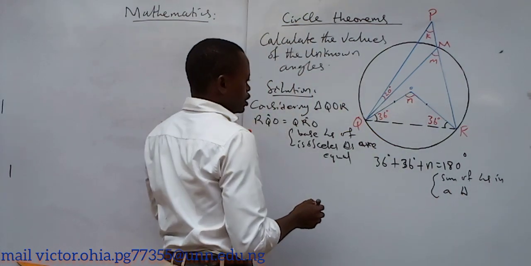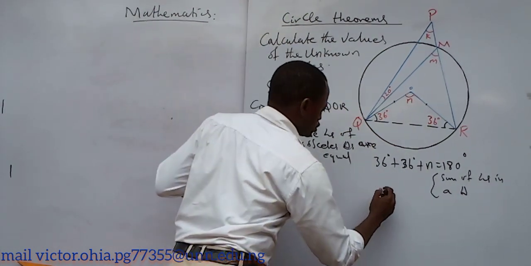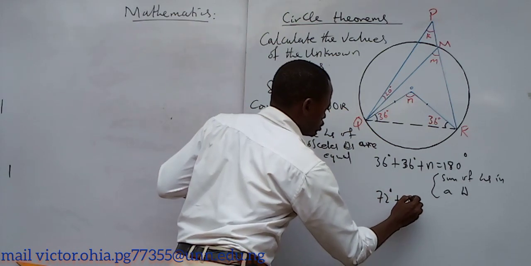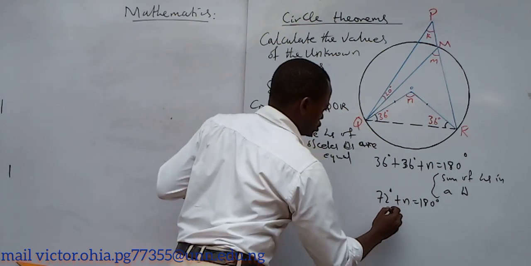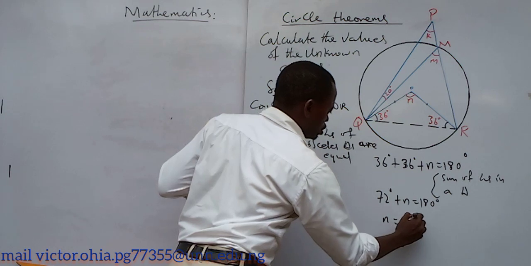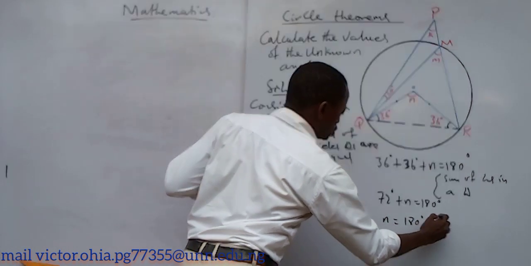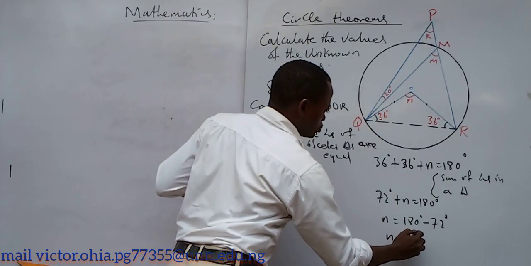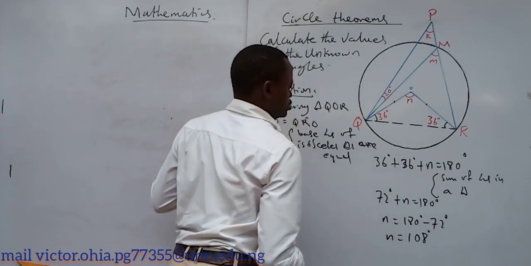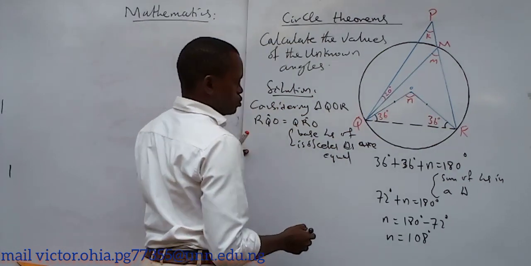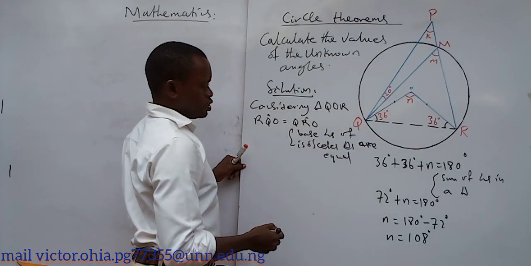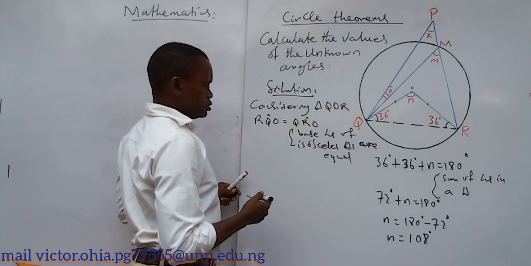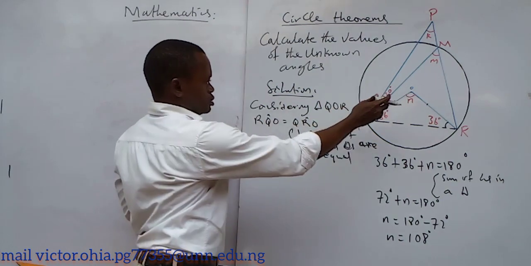So we have 72 degrees plus n equals 180 degrees. That means n is equal to 180 degrees minus 72 degrees. By implication, n is equal to 108 degrees. N is 108 degrees.